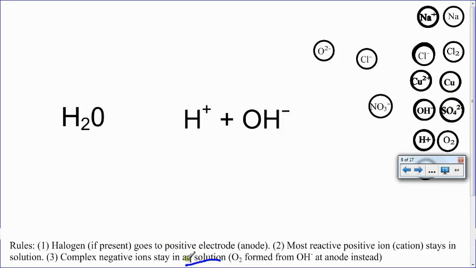Now it says aqueous solutions here, so we need to know that aqueous of course means dissolved in water, and water always slightly dissociates or falls apart to make a hydrogen ion and a hydroxide ion. So wherever we have something dissolved in water, we've also got these 2 ions present.